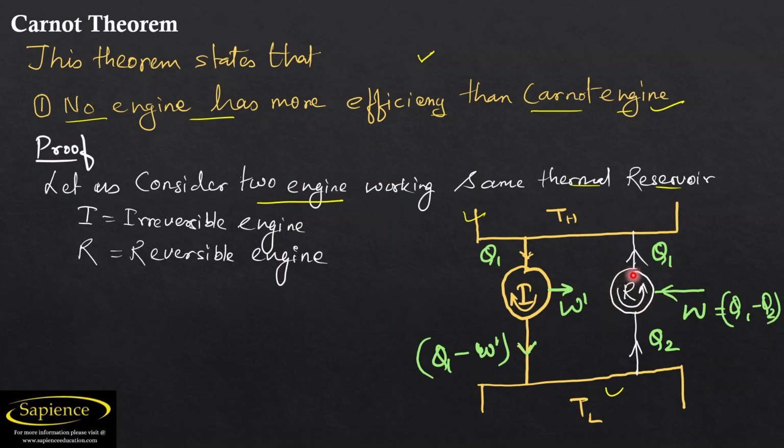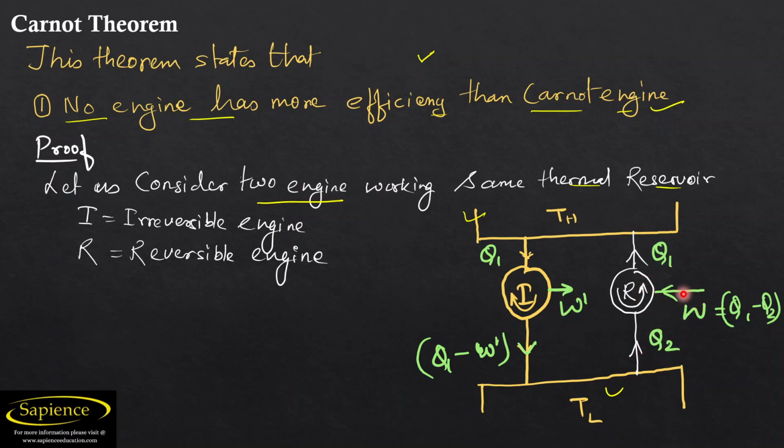Now for the reversible engine, we set up everything in such a way that the reversible engine will reject heat as Q1. Here it is rejecting heat of Q1 only, and Q2 is the heat absorbed by the reversible heat engine.